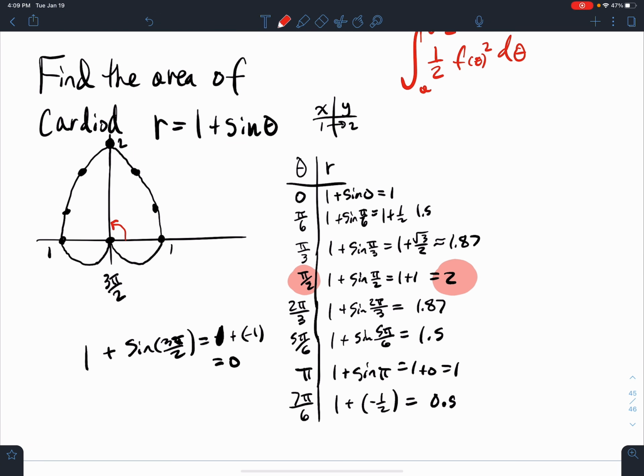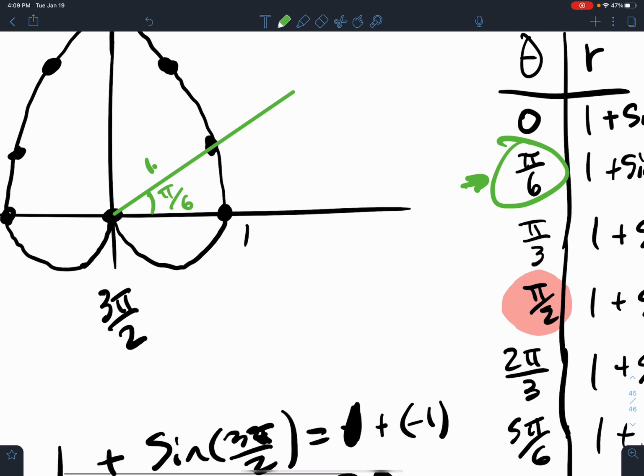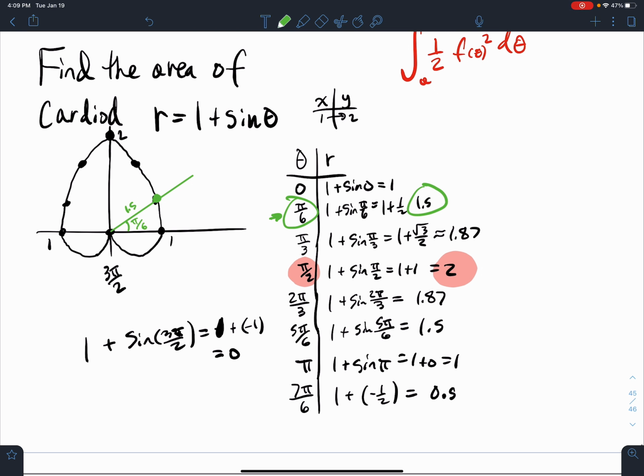I go up to pi over 2 here, and I go up 2 units, and I put a dot, all right? Or say I was at pi over 6, I go out to 1.5. So I go up an angle of pi over 6 here, and I go out a distance r equal to 1.5, and I put a dot there, okay? So that's what we're doing there.